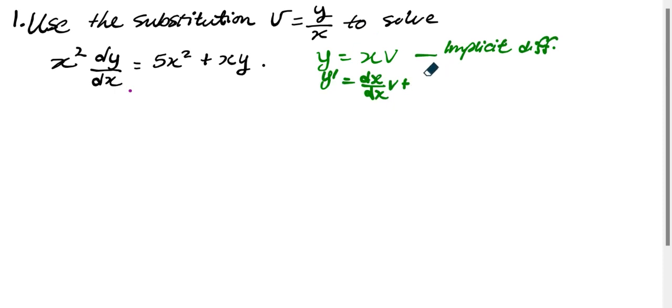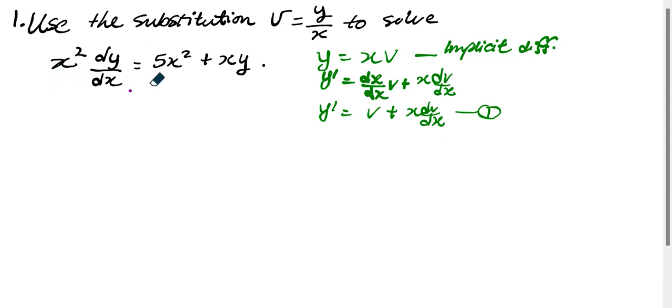So basically we are using product rule in this implicit differentiation. Therefore, now y dash becomes v plus x dv dx. And we call that equation number 1.